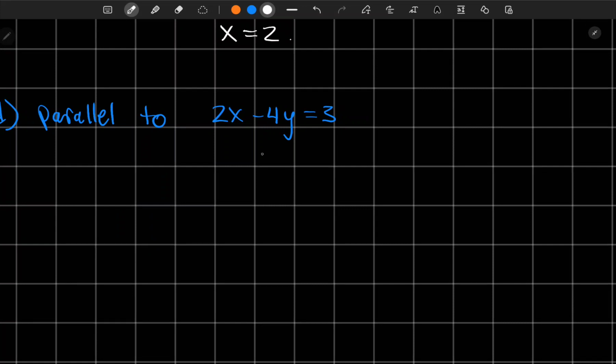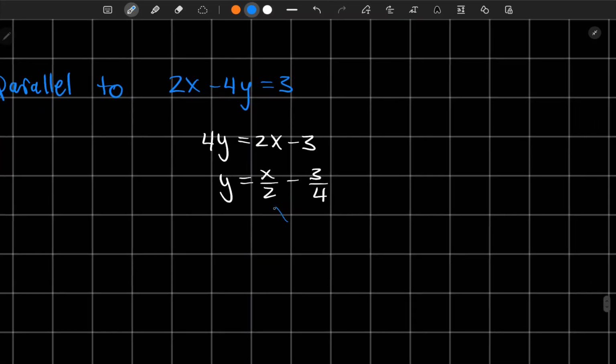Doing so, we find that 4y is equal to 2x minus 3. I've just rearranged this equation here. Then, dividing both sides by 4, we find that y is equal to x over 2 minus 3 over 4.